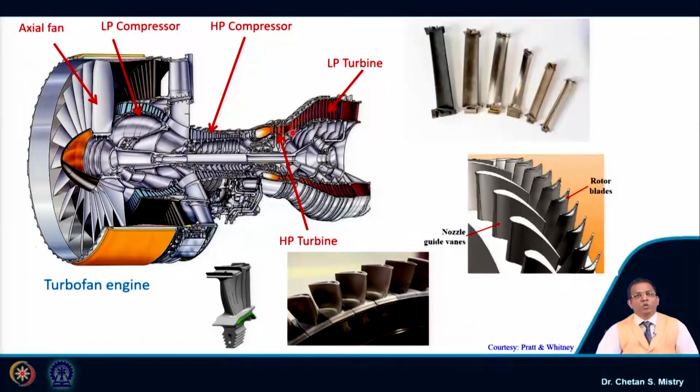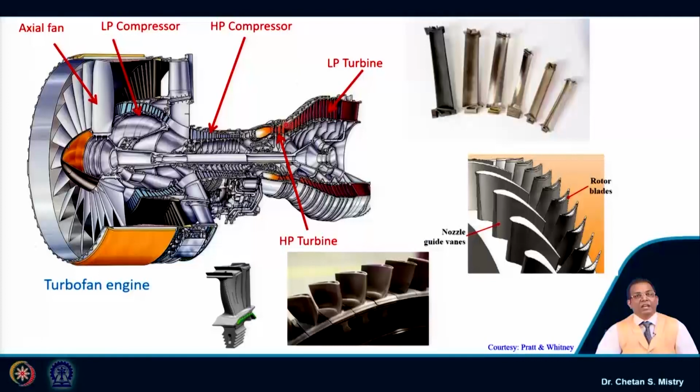If we move downside and observe carefully, this is also representing a turbine, and that turbine is defined as the low pressure turbine. What we mean by low pressure turbine and HP turbine is the same thing. Here my operating pressure is higher, and that is the reason why it is called the HP turbine.